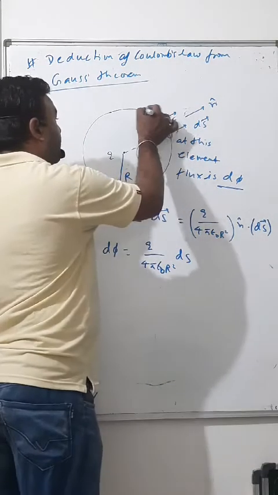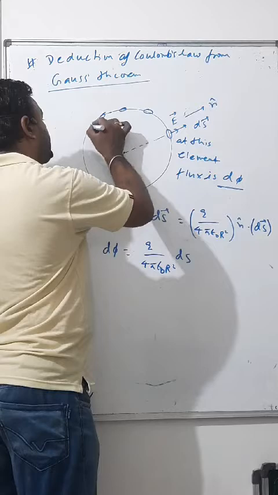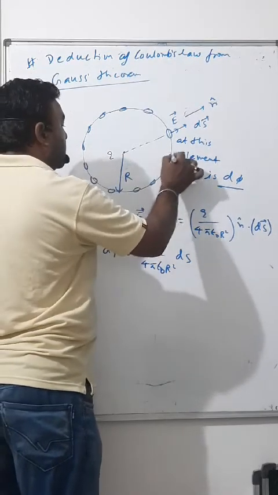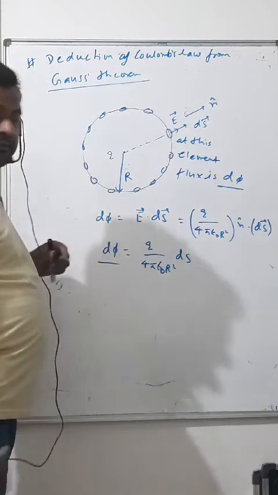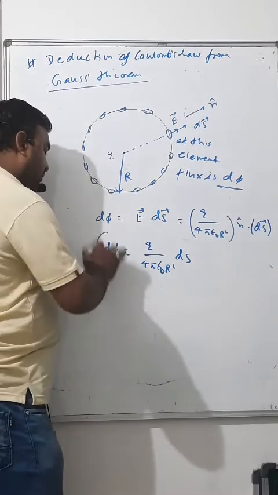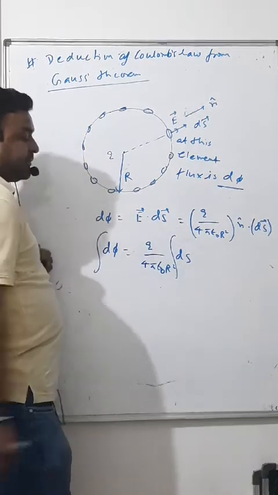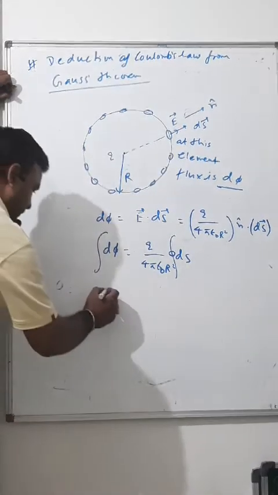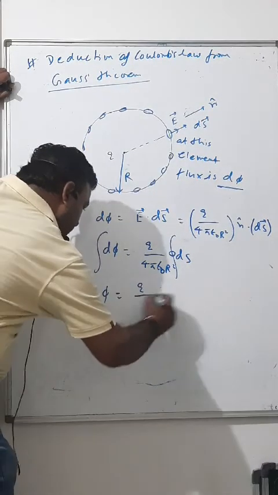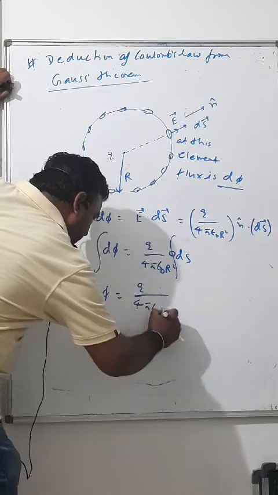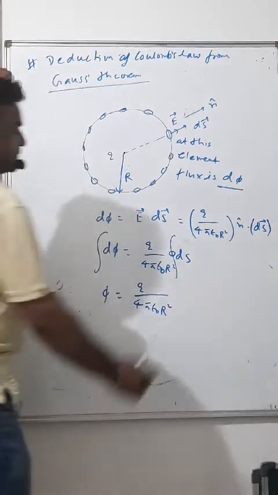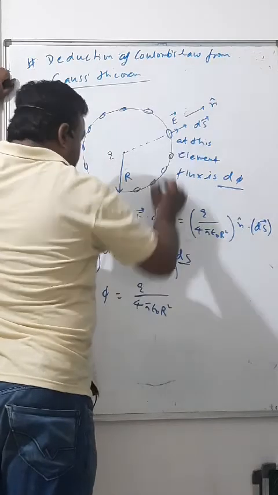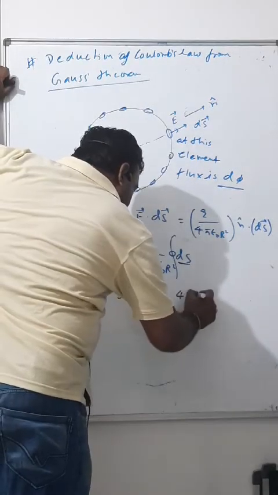Now we can have lots of other ds, other areas also. To find the total amount of flux, we just need to integrate over this entire closed surface. This is phi equals Q by 4 pi epsilon naught R square, times the integral of ds, the entire area 4 pi R square.